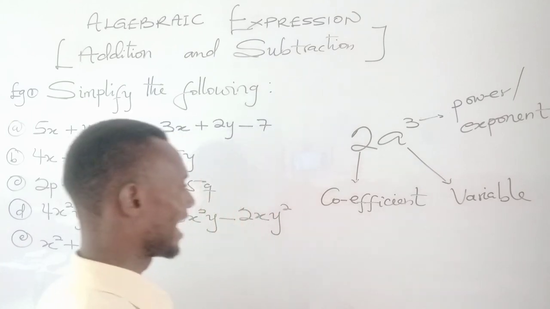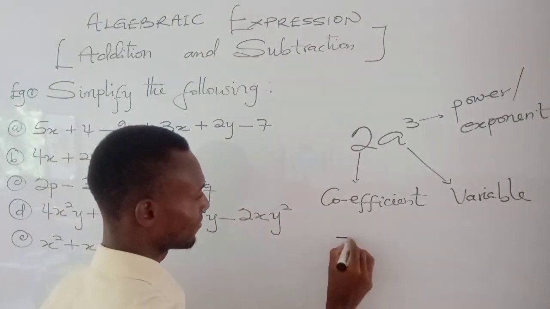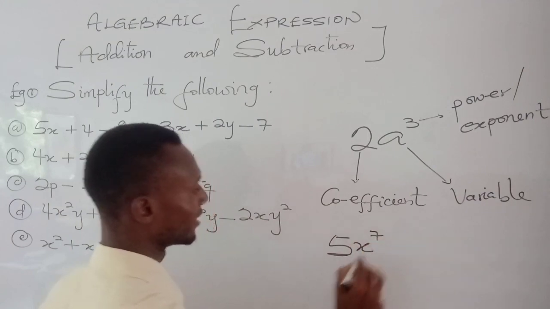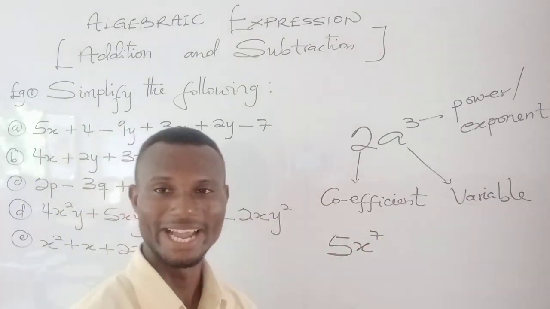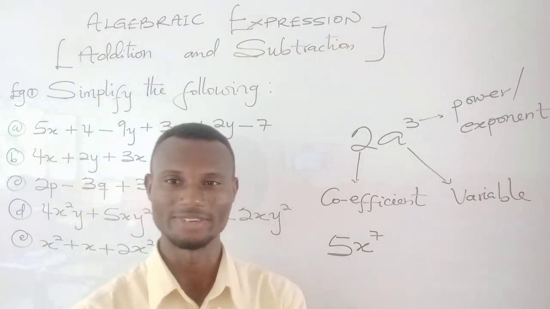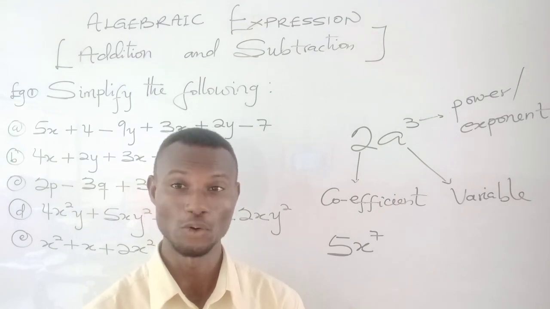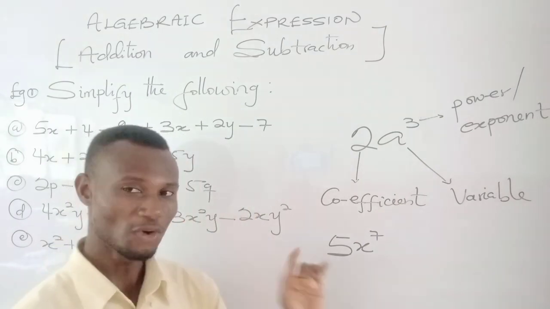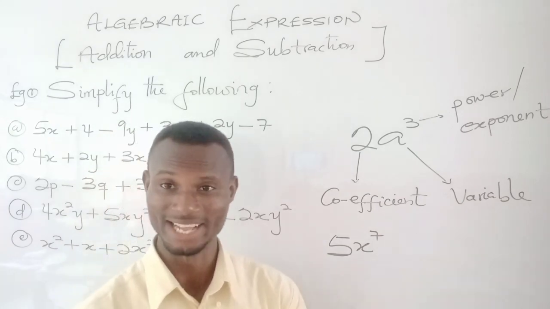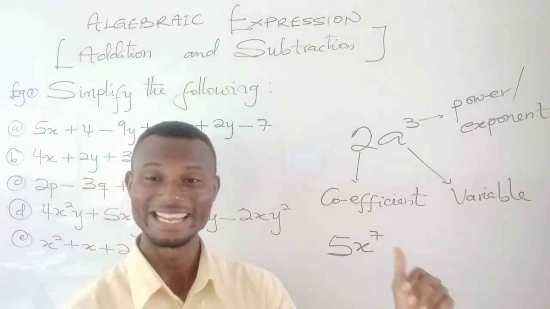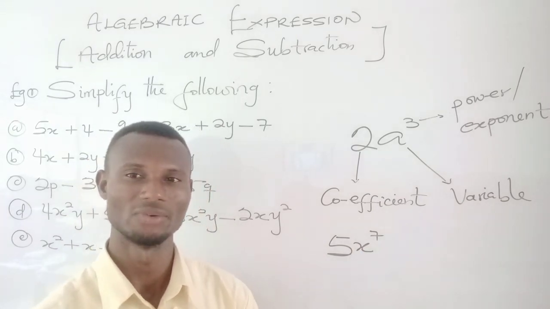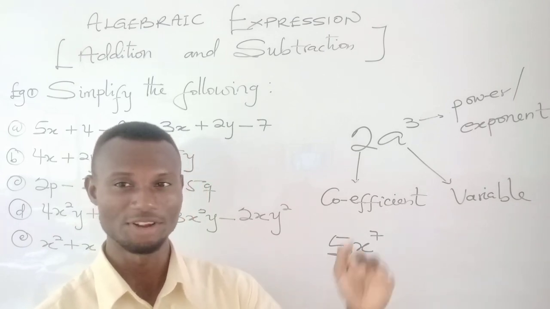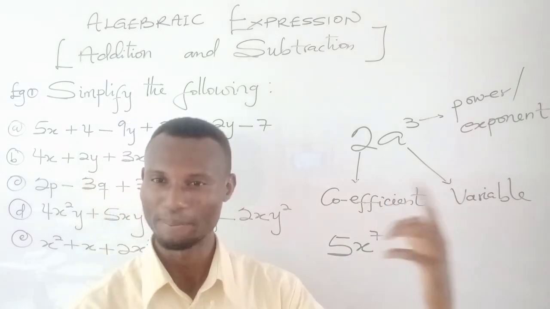Now, let's say I have 5s to the power 7 on the board. When I ask you of the coefficient and also the power, I hope you can tell me. Don't forget we've established that the number in front of the variable is called the coefficient and the number on top of the variable is called the power.